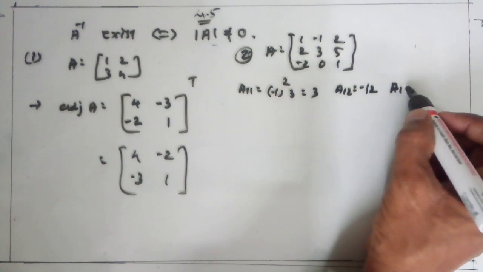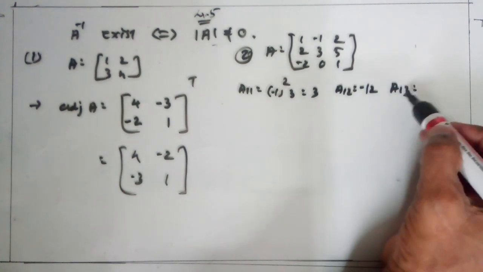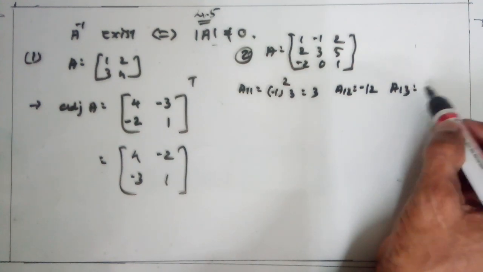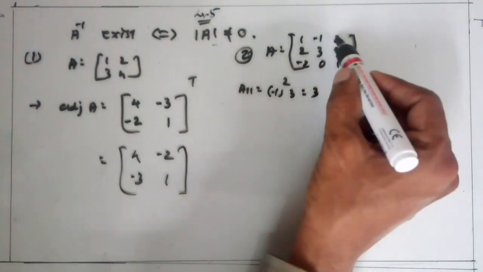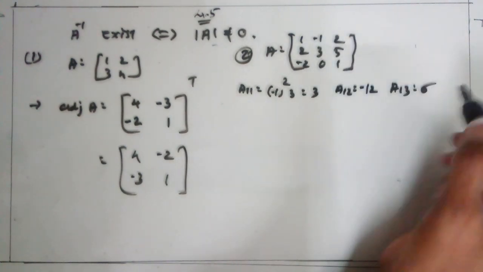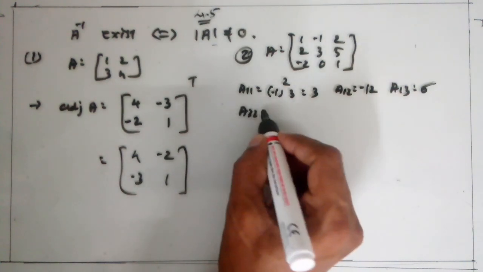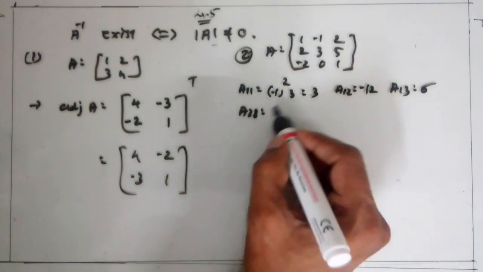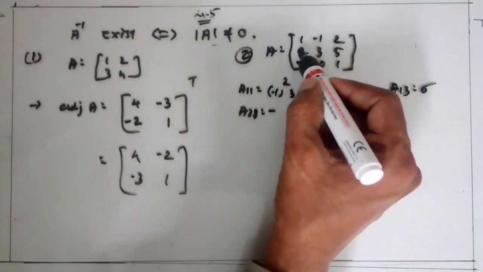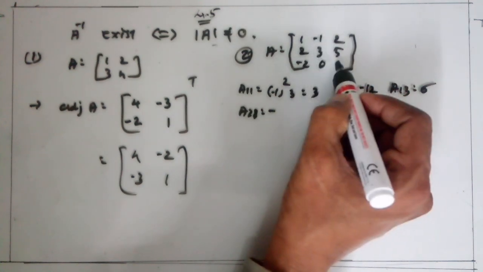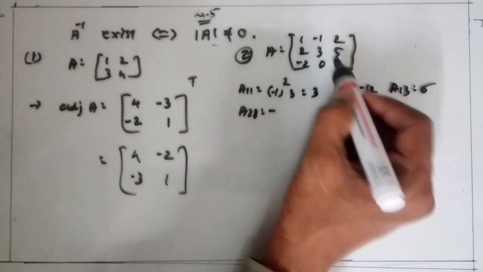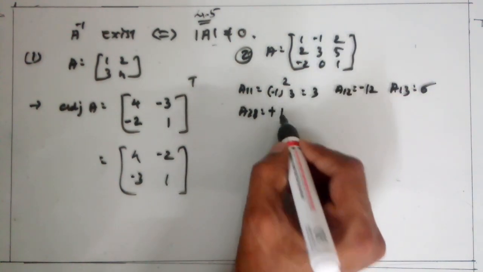Similarly A13 is equal to (minus 1) raised to the addition of these two, 4, (minus 1) raised to 4 is positive, and the minor of this is the product of these two, 0, minus minus plus 3 to 6. Clear? Similarly get A21, which is equal to (minus 1) raised to 3, becomes minus, and remove this row and column, so the product of these two, minus 1 into the product of these two, 0, so minus into minus becomes plus 1.